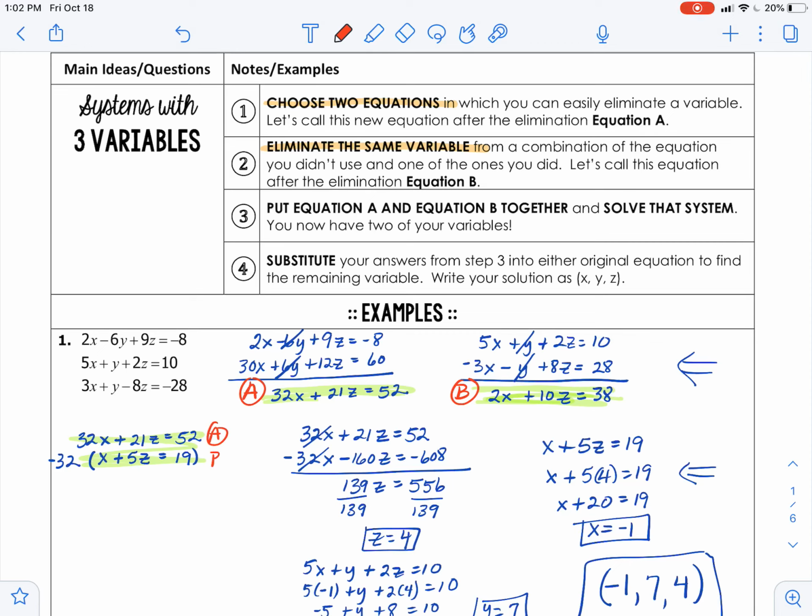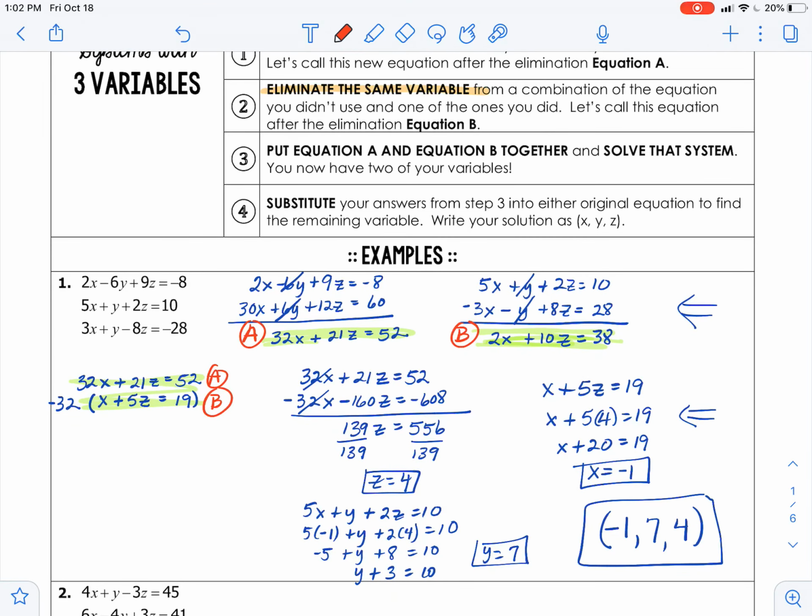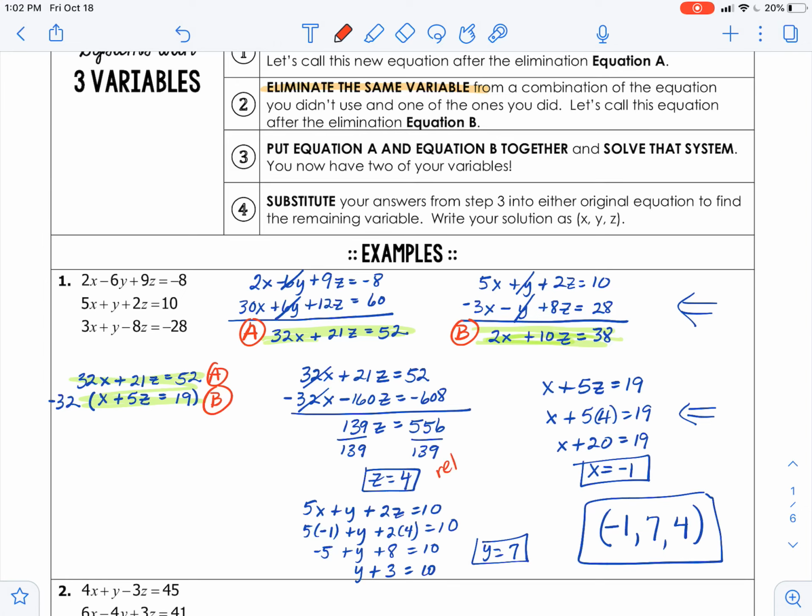That's A and that's B. I put those together then, and you solve that system. And again, once you get your Z, you go back to either A or B. So return to A or B and find your other variable.